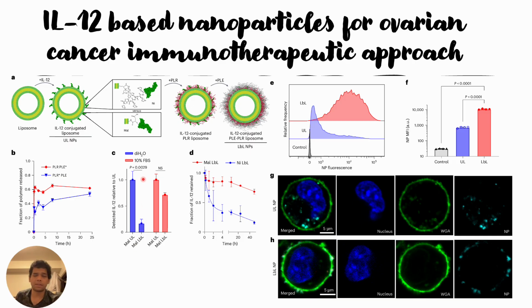When they move them into the serum based media, they see some recovery, or increased binding, of the coated nanoparticles onto the ELISA plates. So this indicates that the serum plays an important role for these IL-12 exposures.